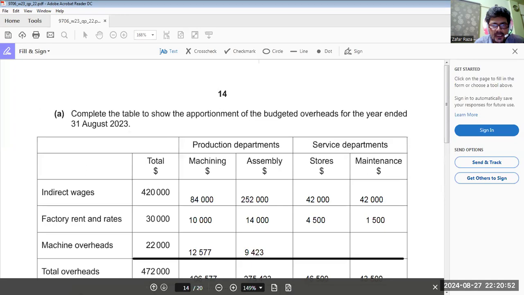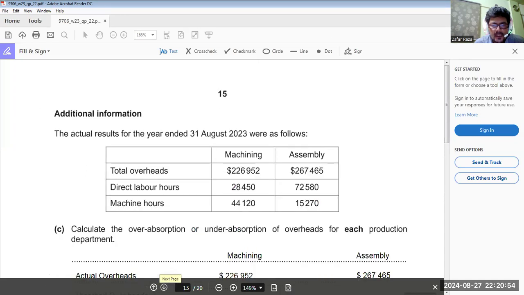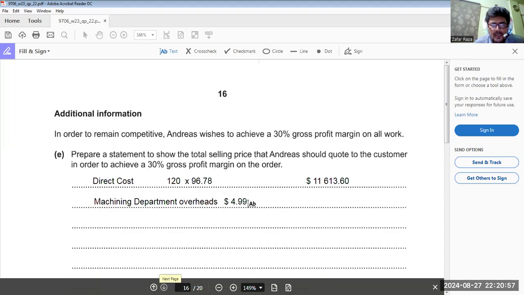So it means we have to multiply by 20 minutes, and for 120 bicycles.